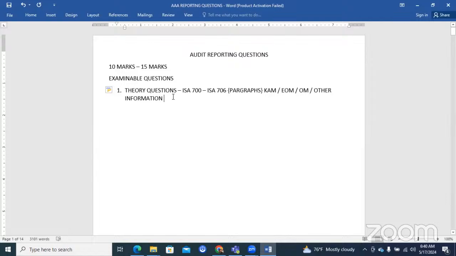Theoretical questions on key audit matter, emphasis of matter, other information, all these areas can be tested as theory questions. To familiarize yourself with these concepts, I ask you to refer to ACCA technical articles.